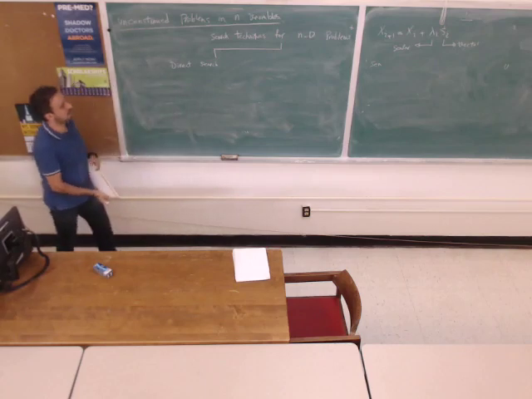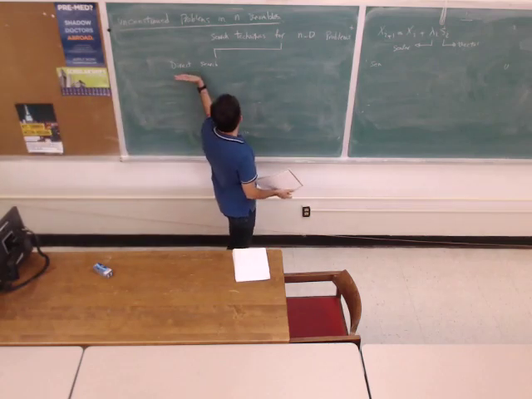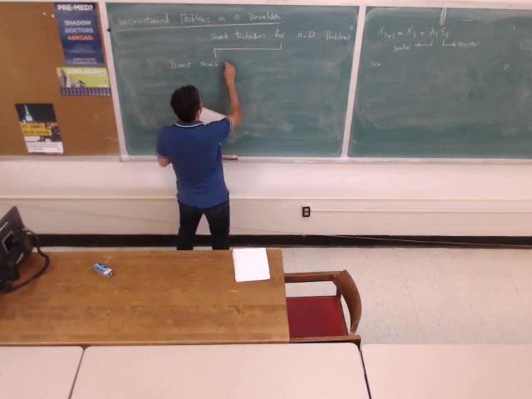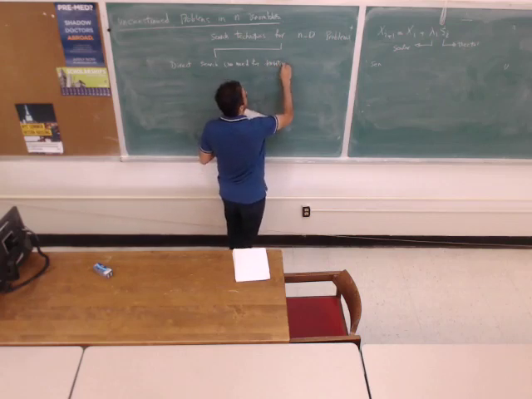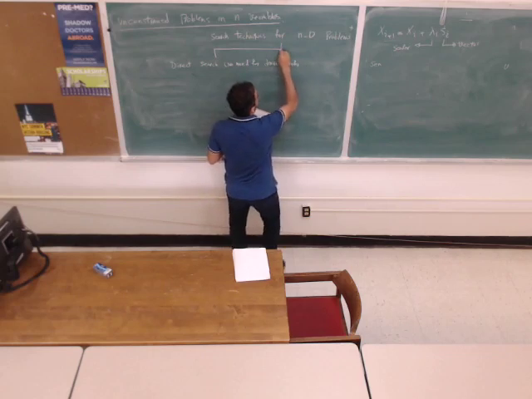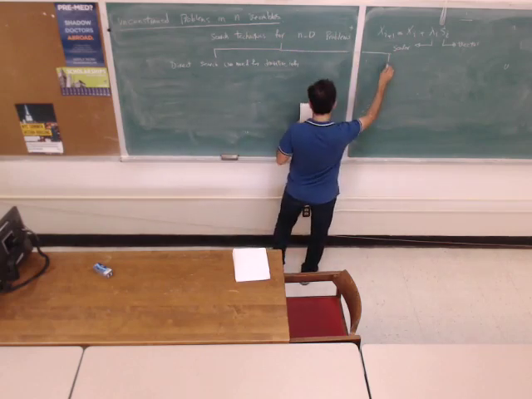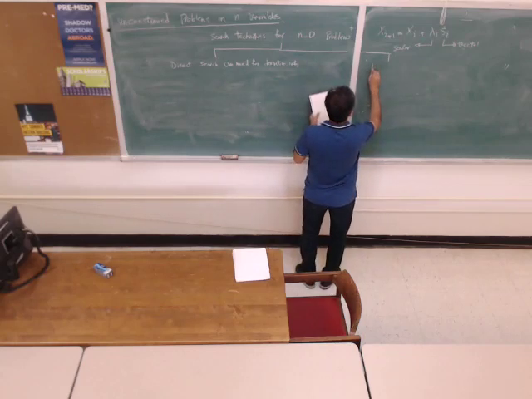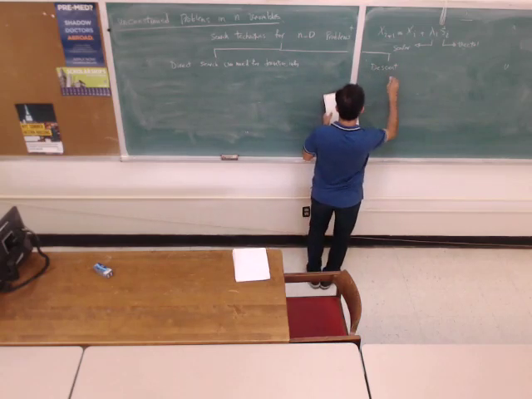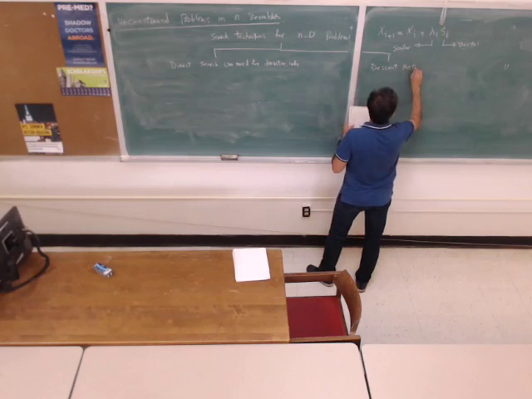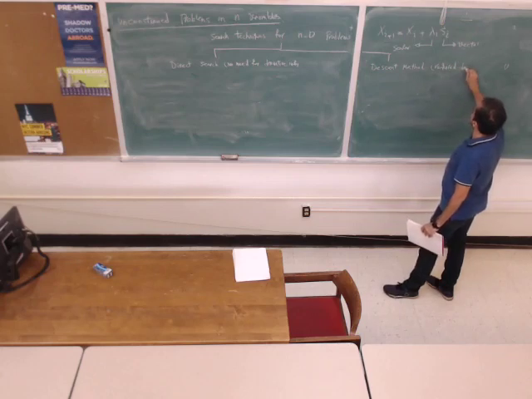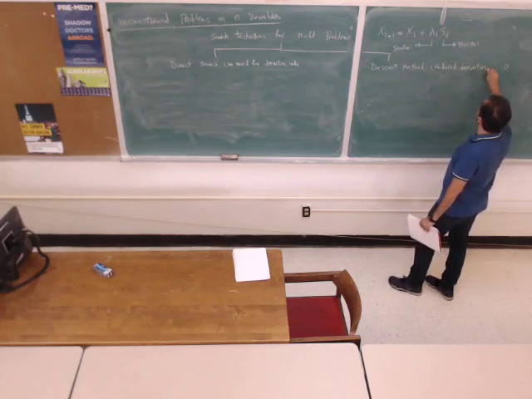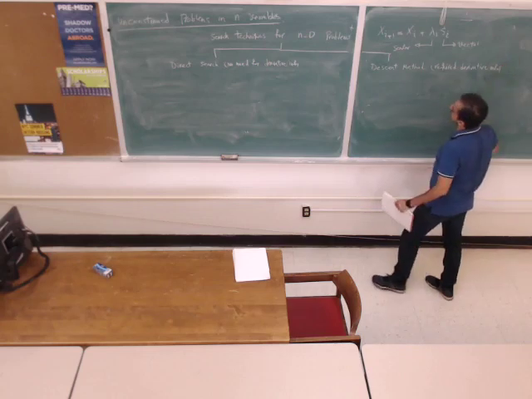I can have two categories. One is direct search, at which there is no need for derivative information. I don't need any derivative information. And second, the descent method. This method requires derivative information.